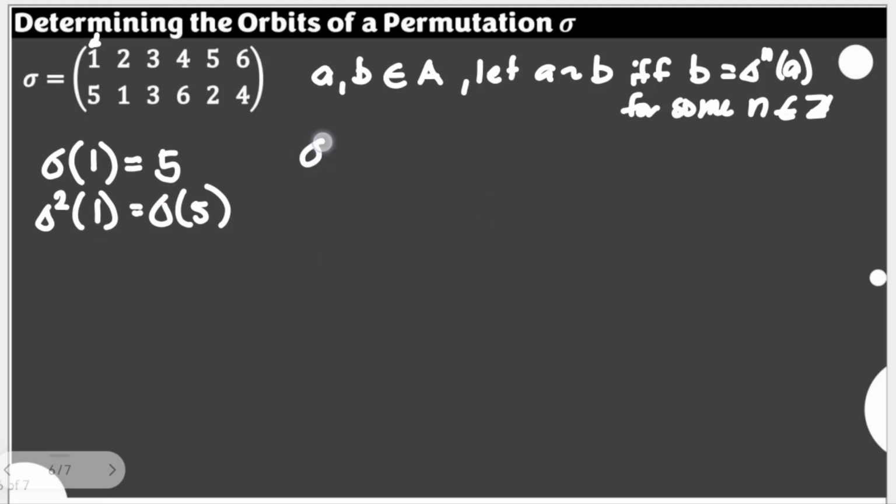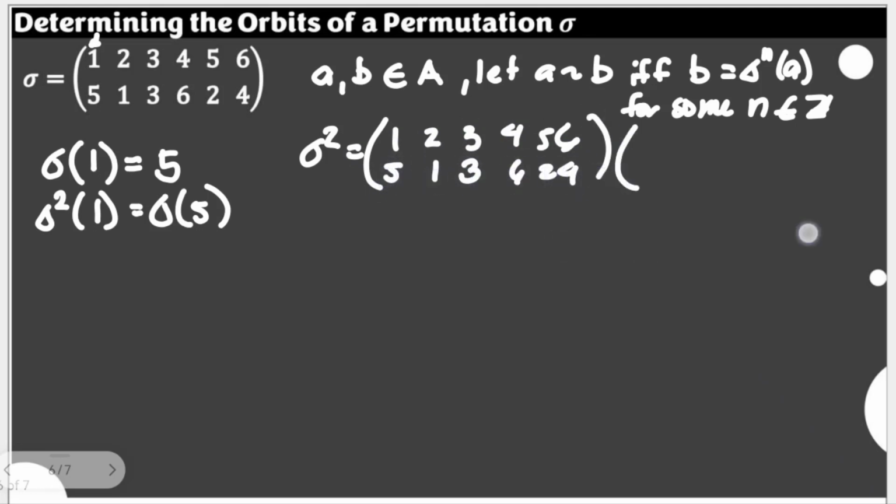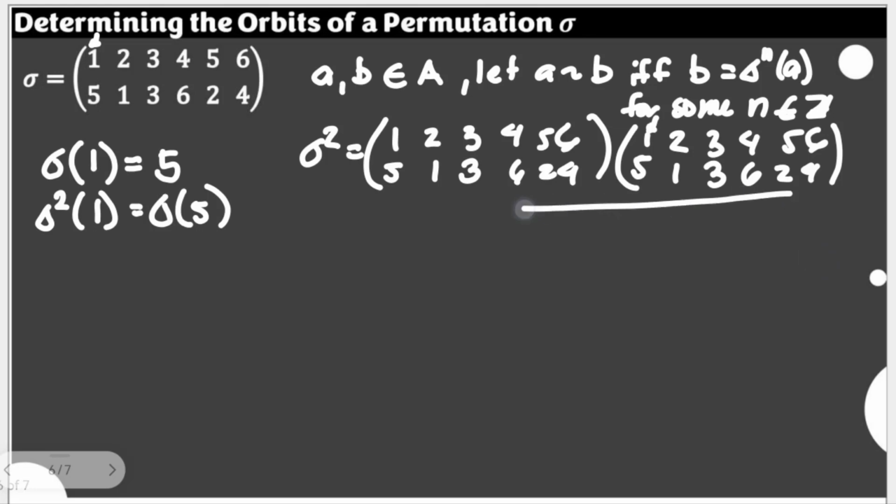If you have your sigma squared as given here, you will have 1, 2, 3, 4, 5, 6 and 5, 1, 3, 6, 2, 4 multiplied to each other. This is your sigma squared. So you have 1 here. 1 is mapped to 5 from right to left, and then your 5 is mapped to 2.